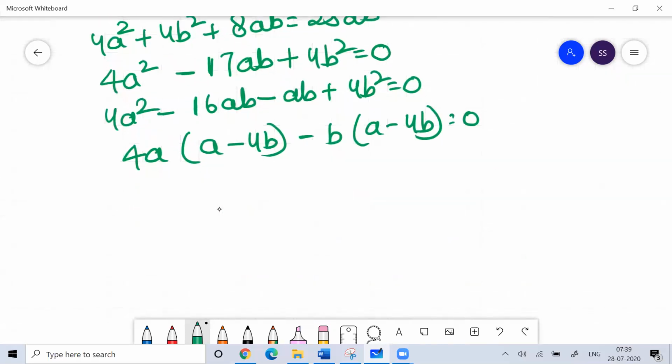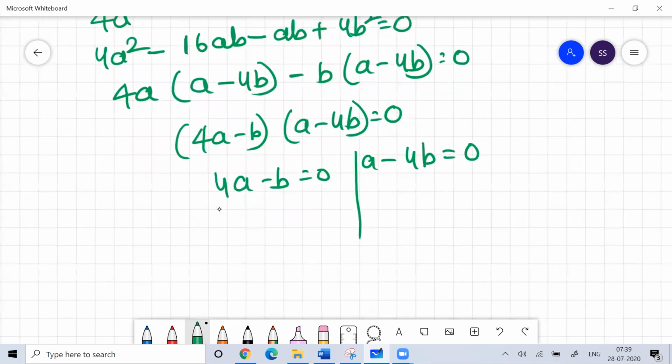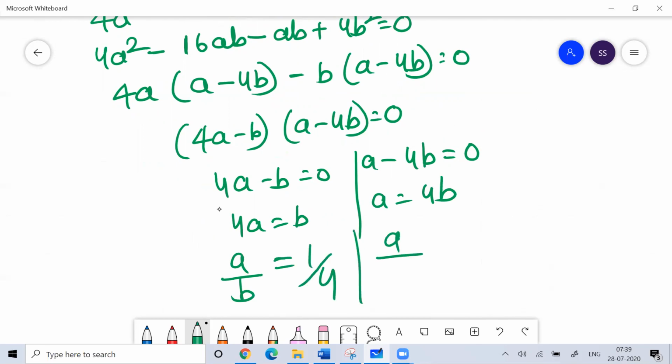So I can say 4a minus b is equal to 0 or a minus 4b is equal to 0. So 4a is equal to b, or a equal to 4b. So a by b is equal to 1 by 4 or a by b equal to 4 by 1.